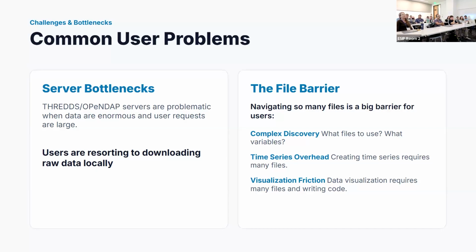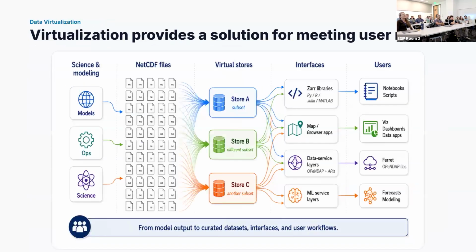So this is how the virtual stores are helping solve that, and this is the pipeline we are going towards. In fact, we have a version. I'll provide URLs so you can explore these virtual stores. So we have this kind of pipeline.